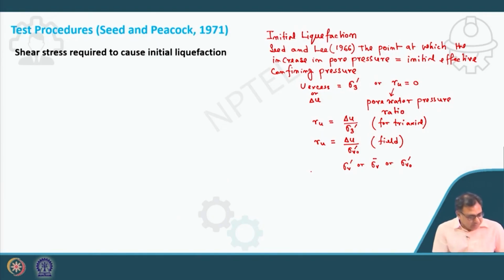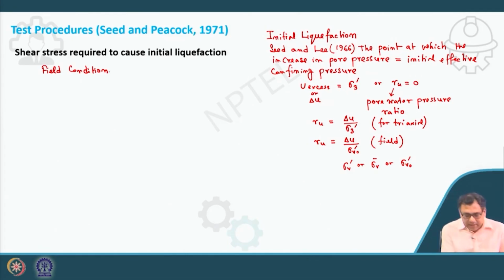Okay. So, now first we will go to the field condition. Field condition is what?